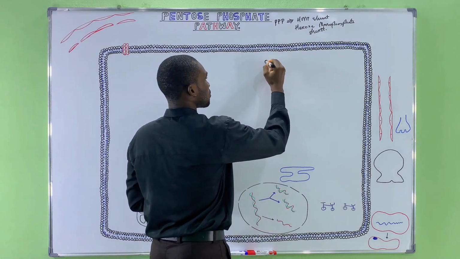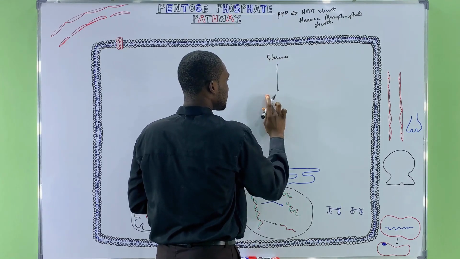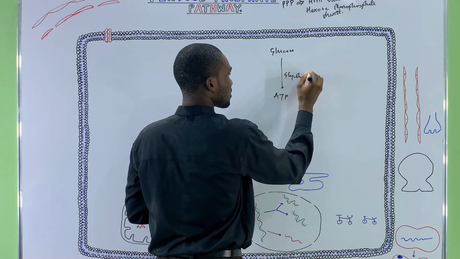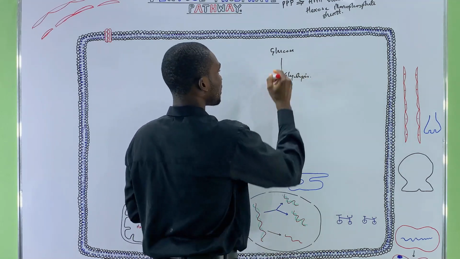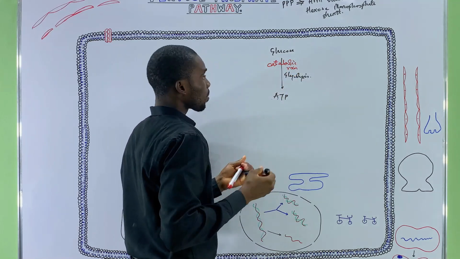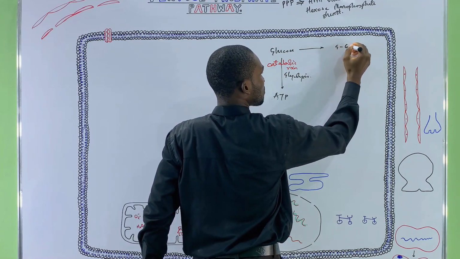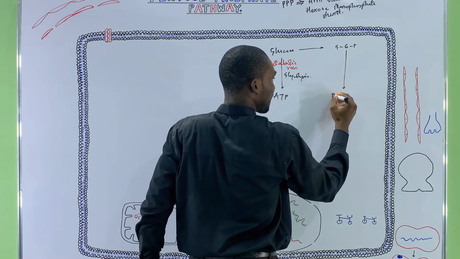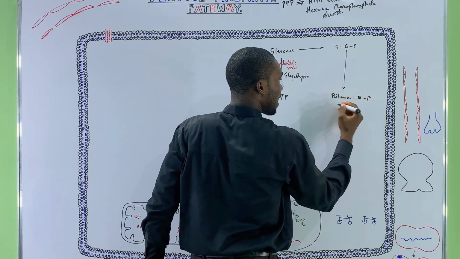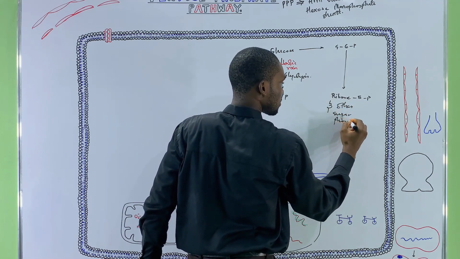So we have glucose being broken down to ATP through a process of what? Glycolysis. And this is a catabolic reaction. So the glucose can also be broken down through glucose phosphate to ribose 5-phosphates and other sugar phosphates.